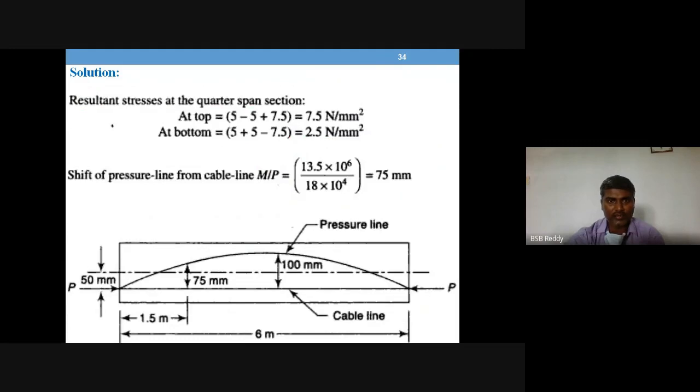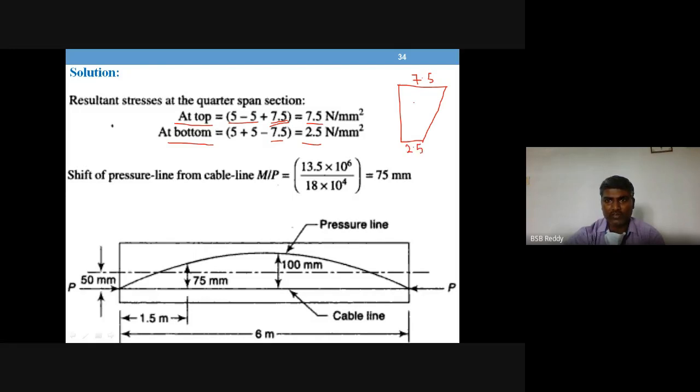Again, finding the final stresses at the resultants, stresses at top and bottom. These are already there, P by A, PE by Z. This is the bending stress at quarter span. So finally at quarter span you have tensile stresses remaining; both are not compression of 0. This is 7.5 and this is 2.5, whatever is at the bottom is 7.5 and this is 2.5.